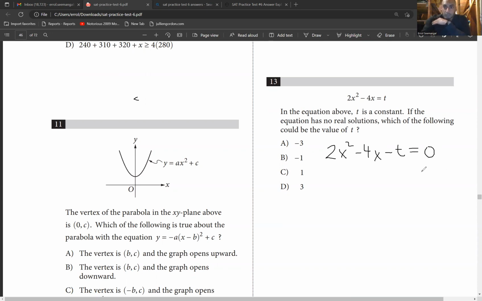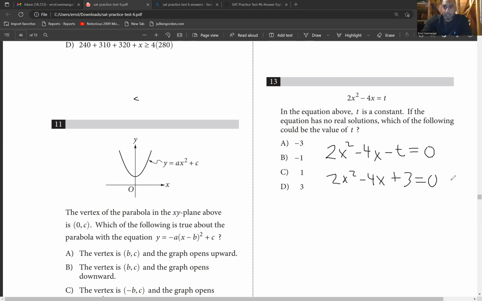Now what? In the equation above, t is a constant. If the equation has no real solution, which of the following could be a value? Just plug these in to t. So 2x squared minus 4x minus 3 plus 3 is 0.